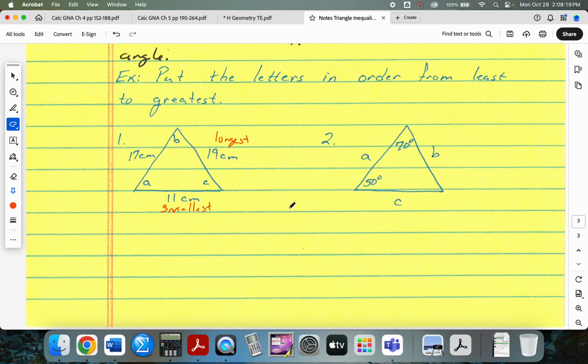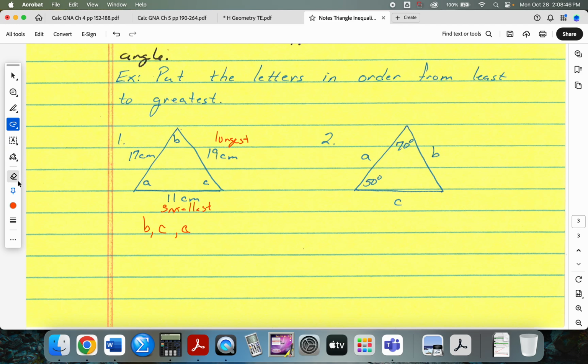So across from the smallest side is the smallest angle. B is going to be the least. Across from the longest side is going to be the biggest angle. A is going to be the biggest one, which means that C must have been in between the two.